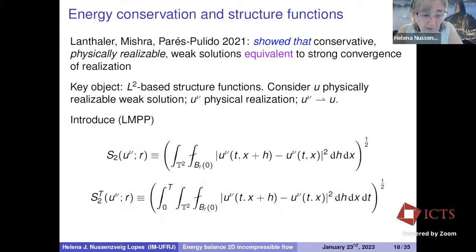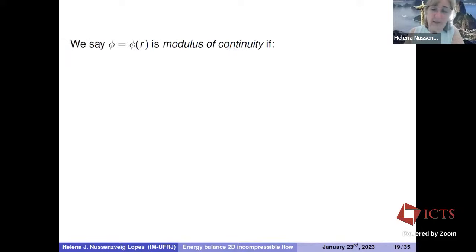They also introduced this other object, which is the time-averaged structure function, where you integrate in time as well. Okay, so recall that phi is a modulus of continuity. phi is greater than or equal to 0 and vanishes as r goes to 0.